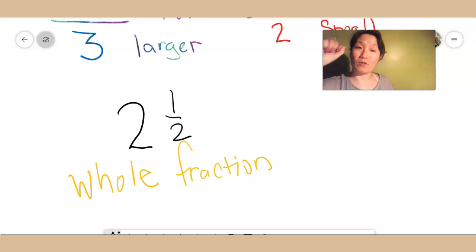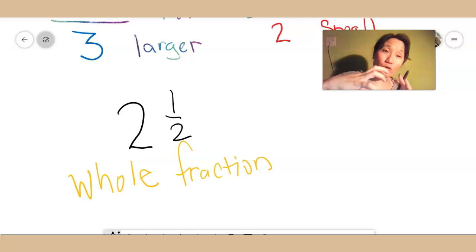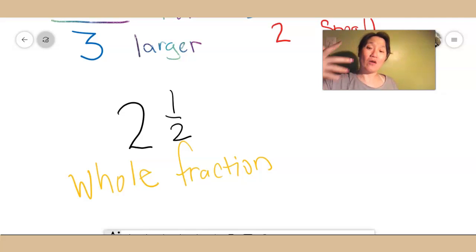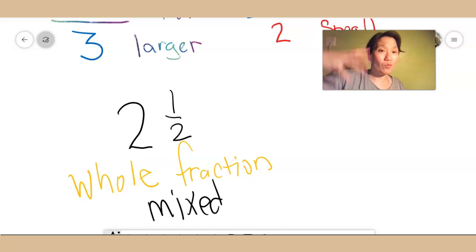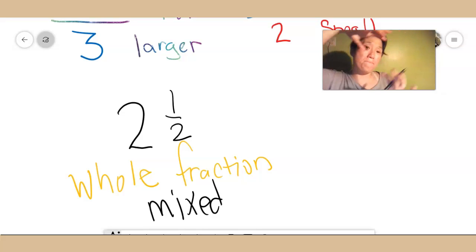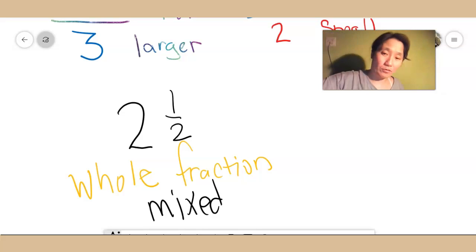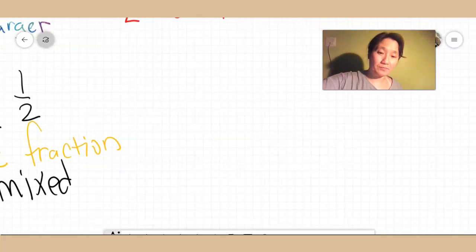So I have a whole number, meaning I have 2 whole apples. Then I have a portion or a part of another apple. So this is called a mixed number. This is mixed because it's mixed up with whole numbers. You have a fraction mixed up with whole numbers. So there's the mixed.